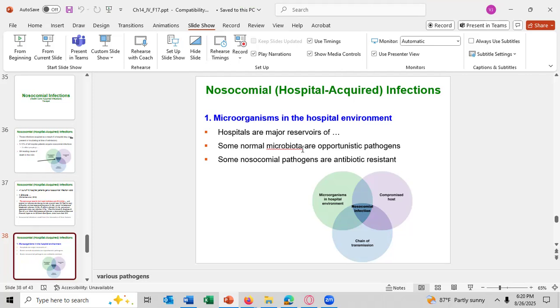It's even found in the bottom of a wet bar of soap. Some normal microbiota are also opportunistic pathogens, and they can be nosocomial infective agents. Some of these nosocomial pathogens are antibiotic resistant, and these are really dangerous nosocomial infective agents.